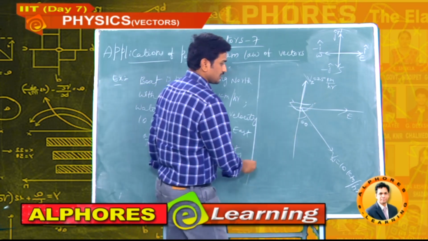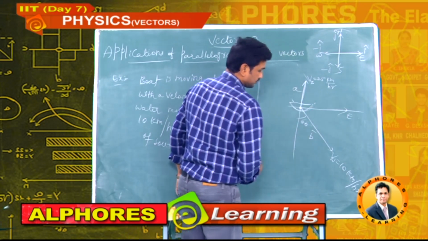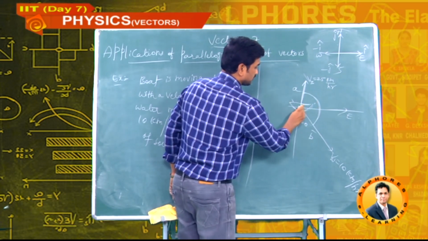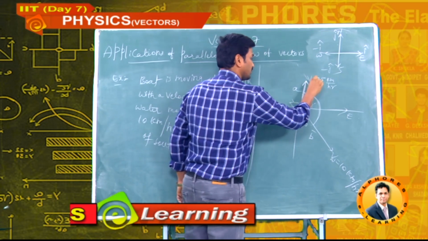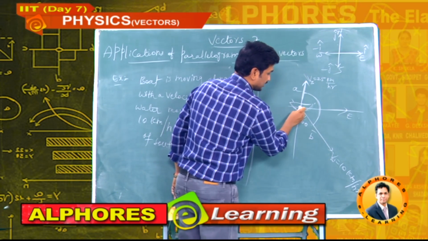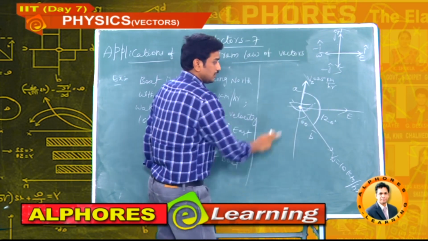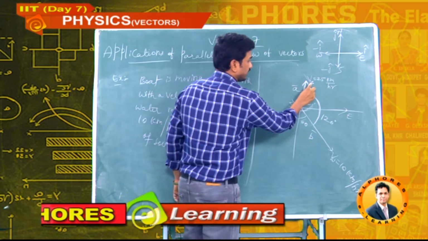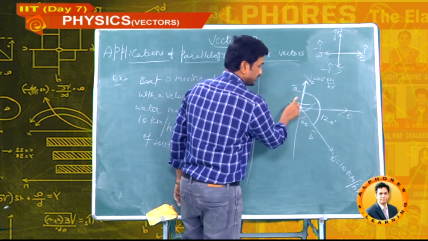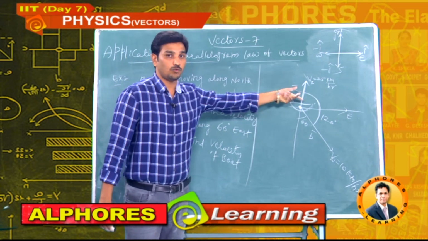Now, what is the resultant velocity formula? Like this is A bar, this is B bar. What is the angle between the two? Because see, boat velocity head tail, water velocity head tail, two tails joined. Now this is the angle between the two vectors, 120 degrees. A bar is the velocity of the boat, B bar is the velocity of water. Now the resultant of these two is the velocity with which the boat is going in the water.